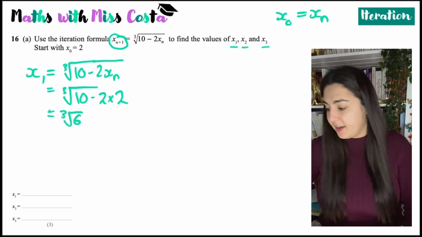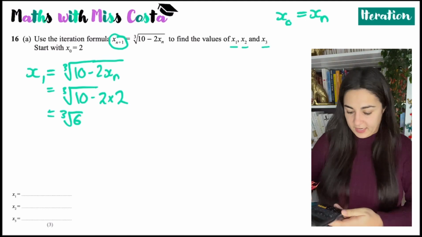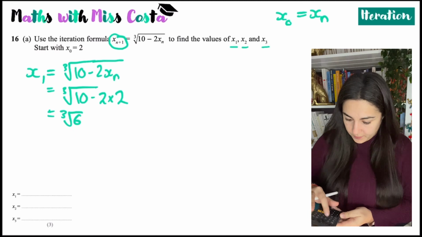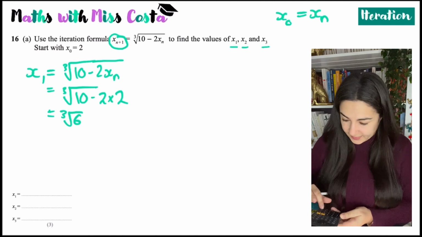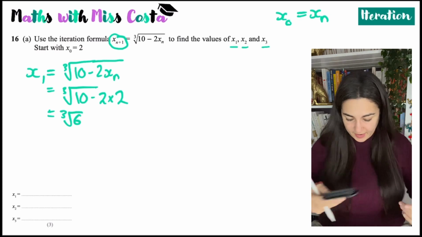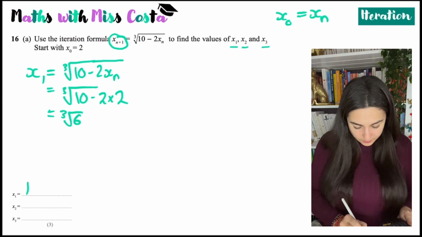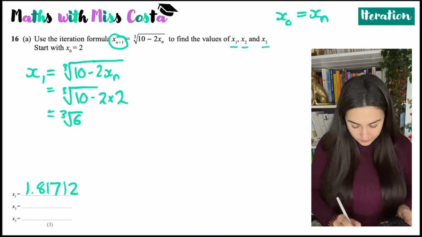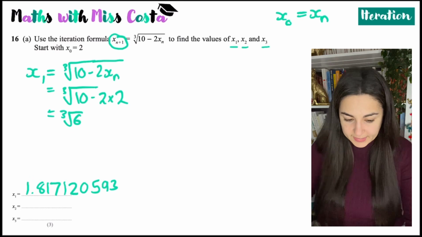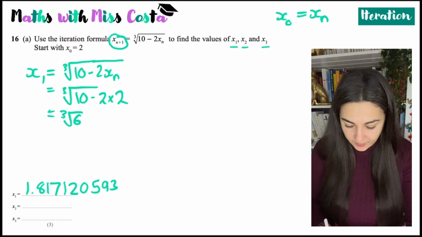So the first term is going to be the cubed root of 6, which is 1.817120593. Okay, so that's the x1 term.